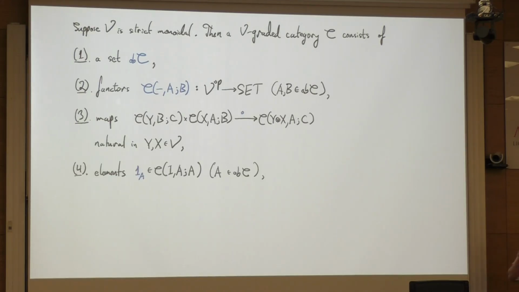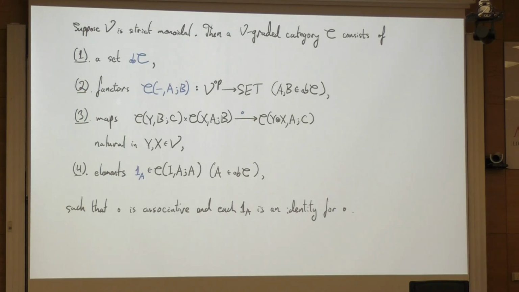We also want identities, which are elements of this form in these sets, where the first object here, I, is the unit object of V. And then we impose some axioms. We require that the composition be strictly associative, and that 1 sub A serve as a strict identity for composition.